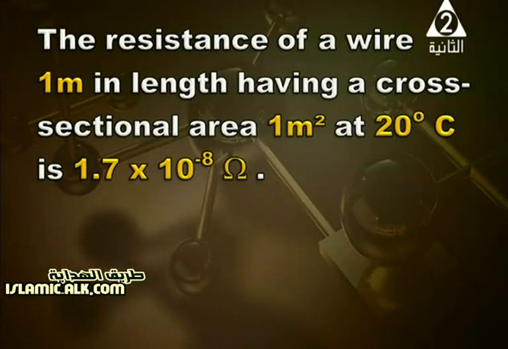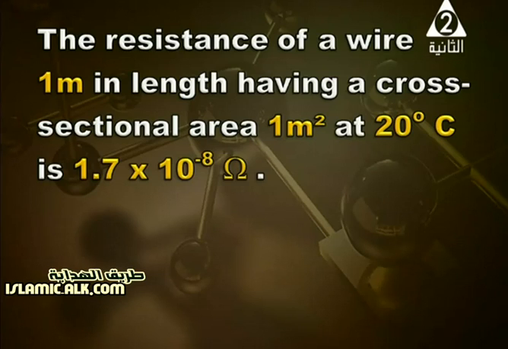The resistance of a wire, 1 meter in length, having a cross-sectional area of 1 meter squared at 20 Celsius is 1.7 times 10 to the power of -8 ohm. Okay, what do you understand from this?